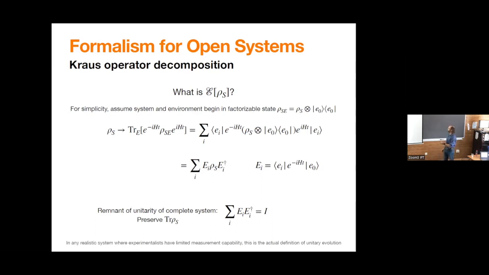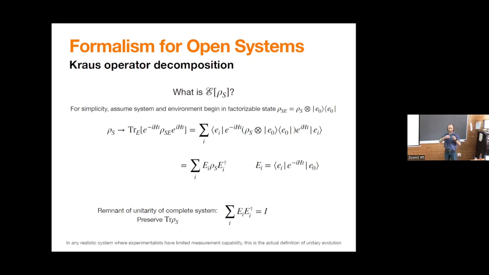And I know what these E_i are, if I know what the full evolution is, and I know what the basis of states is for the environment. So I can calculate these E_i if I know the full picture, okay? And this is called the Kraus operator decomposition. And there's a remnant of the overall unitarity of the initial system plus environment that appears in a requirement on these E's, which is that if you sum over the E_i dagger E_i, you end up getting the identity.